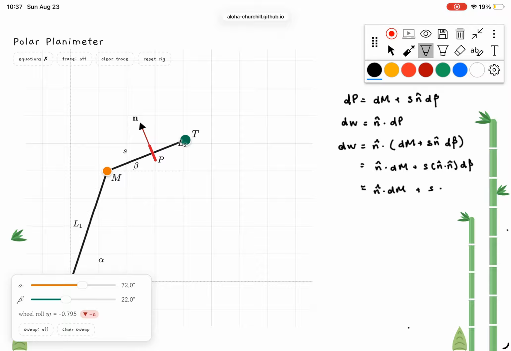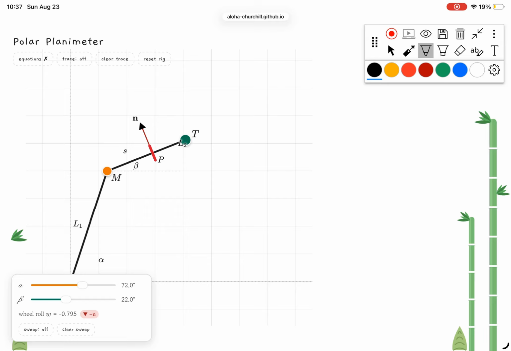The component that changes with the tracer arm and the component that changes with the pole arm. And so the first term is the pole arm movement, and the second term represents the tracer arm movement and how those contribute to moving the wheel just a little bit.